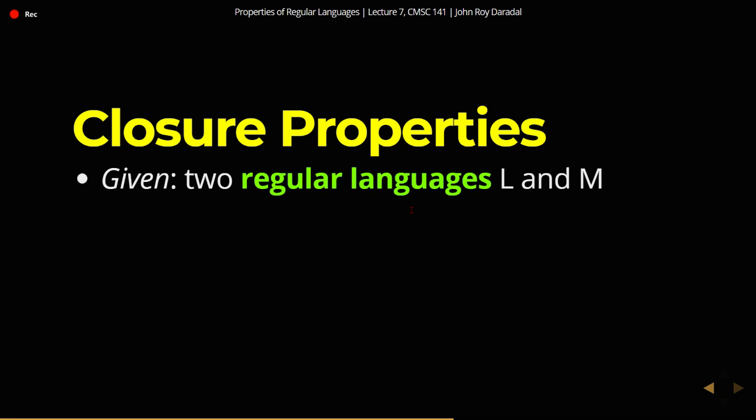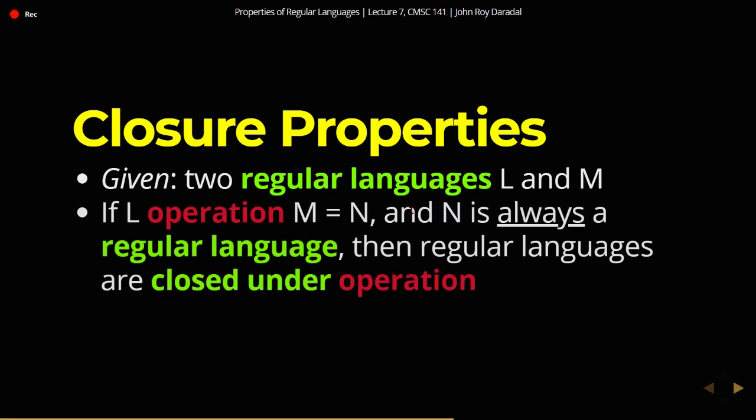For our closure properties of regular languages, we are given two regular languages, L and M. If the operation is applied to L and M and it produces N, and N is always a regular language, then the regular languages are closed under that operation. So what are these operations?